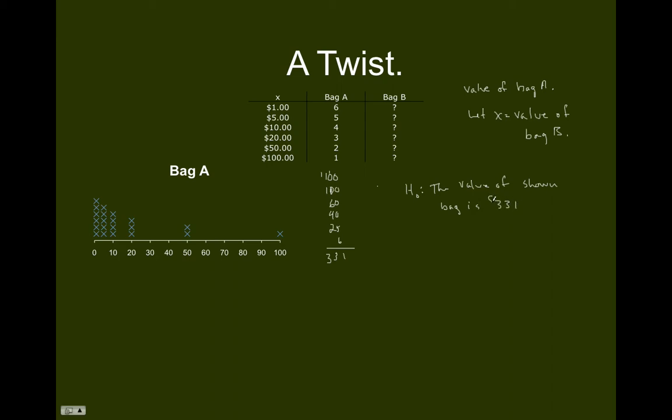So if you think about it for a minute here, what I'm saying is, I know it's bag A, I know its distribution, and I know what the value is, so it's fixed. But let me remind everyone, the bag we're looking at doesn't actually say bag A or bag B, it says, I got some money in me. That's it. So if it is bag A, then we know how much is in there.